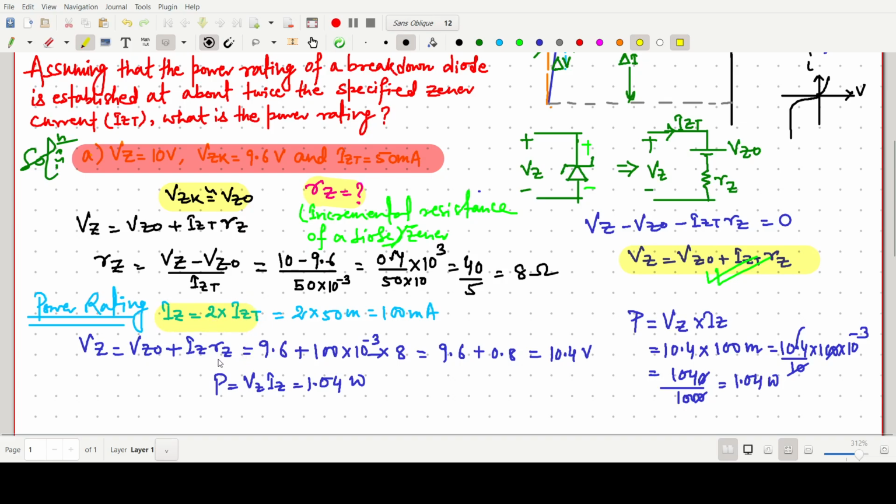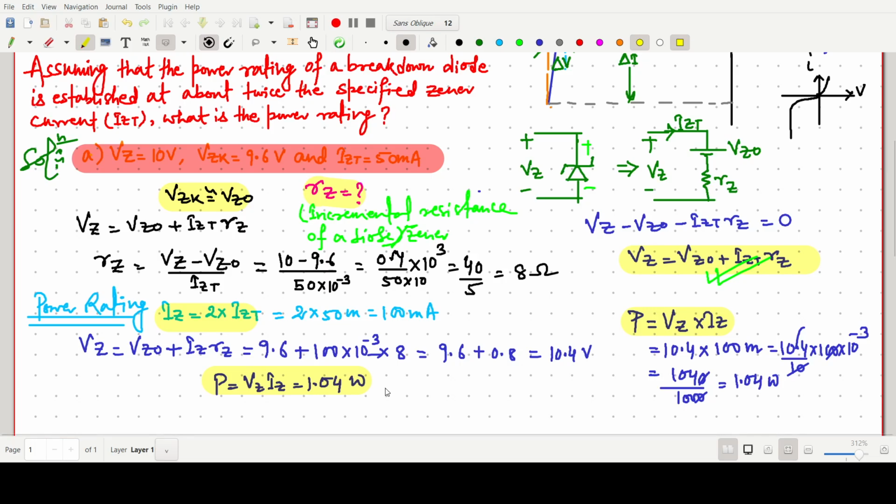Then find VZ, the Zener voltage at that particular current. Then use power rating VZ into IZ. This is the first part.